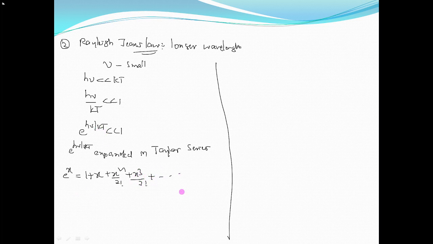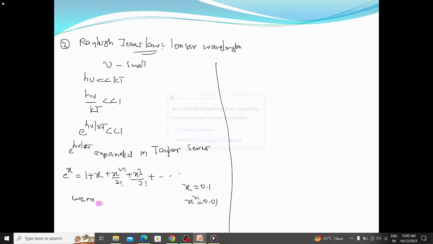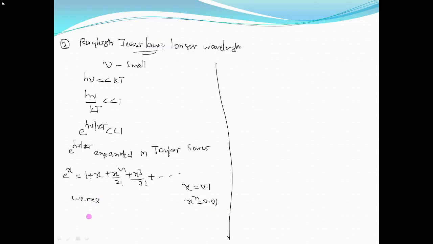But here x is very small. If x is 0.1, what will be x square? 0.01. So x square will be still smaller, so we can neglect higher order terms. So e power x becomes 1 plus x.